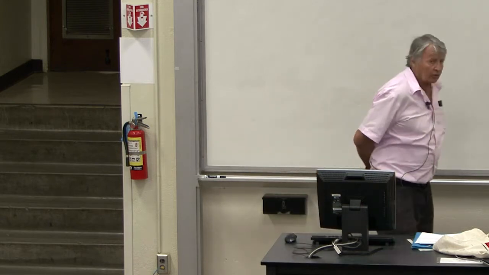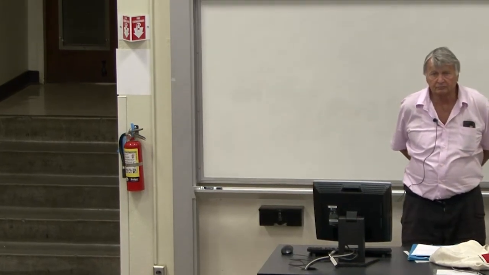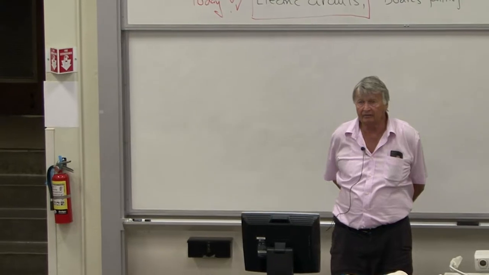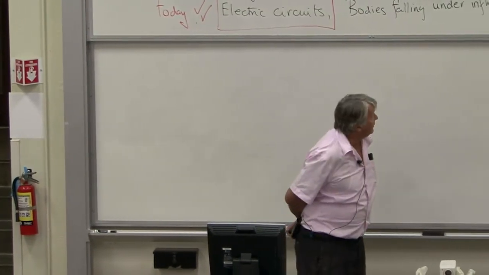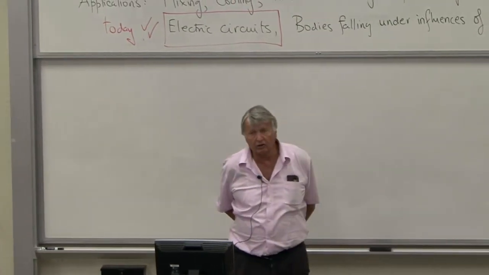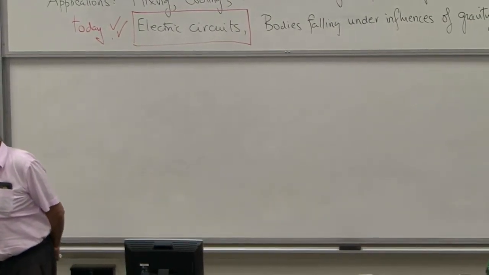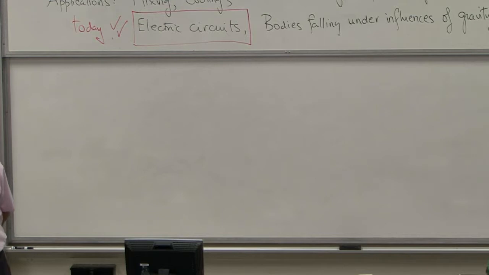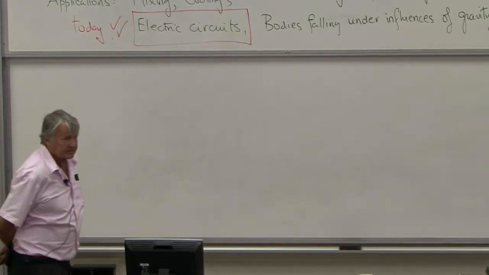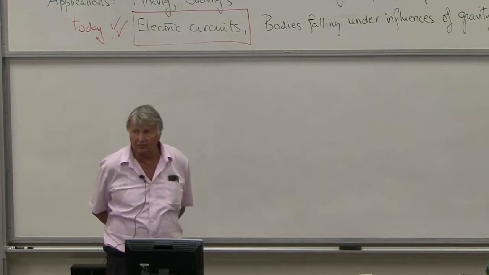Because we're going to be talking about throwing baseballs, things like that. And so the friction law, how the friction force depends upon the velocity of motion, the instantaneous velocity of the ball, is very important.